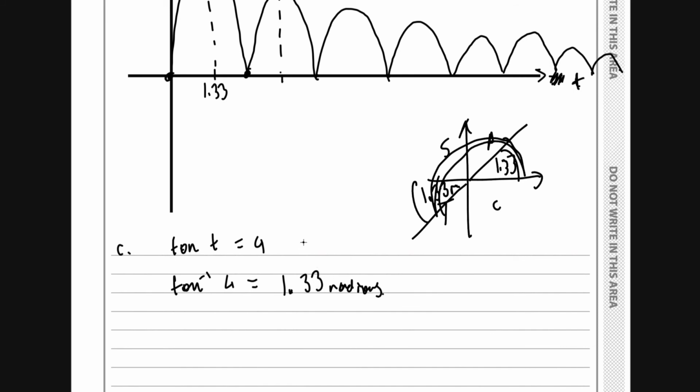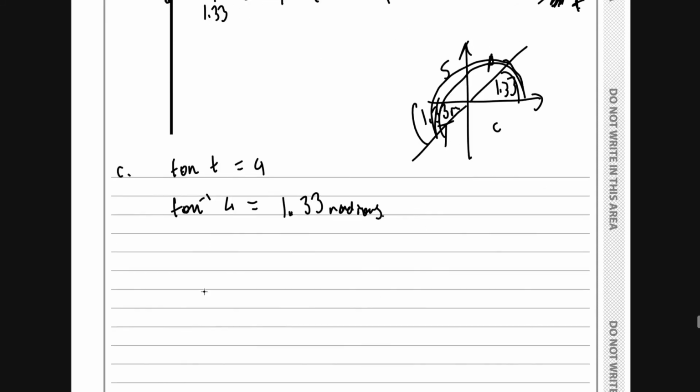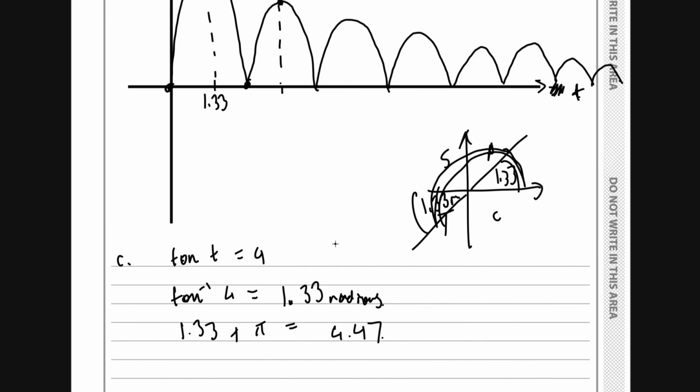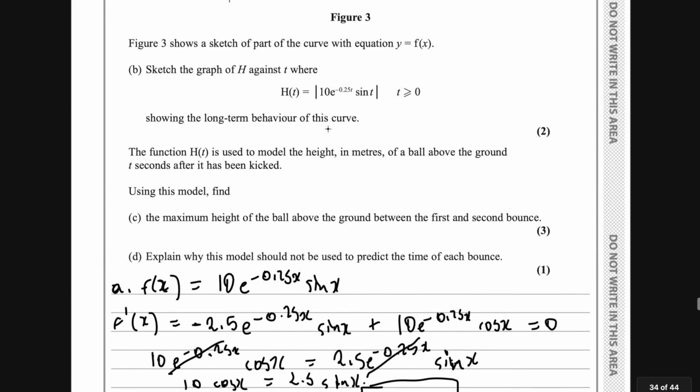But we're just going to do it without the CAST diagram, just adding pi radians on here, using the fact that the tan graph repeats every pi radians. So 1.33 plus pi is going to equal 4.47. Okay, and now I'm just going to substitute it into here.